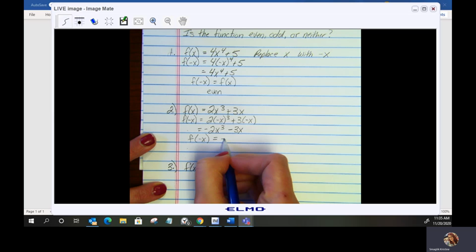I have negative 2x squared plus 4. So if you look at this one, notice my first term changed signs, my second one did not, and my third one did not. So it's either even, all signs stay the same; odd, all signs change; or neither, some changed, some didn't. This one is neither.